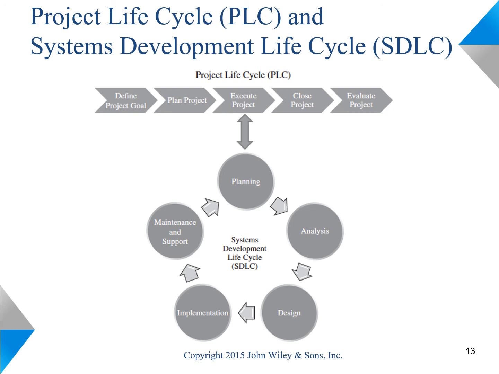The SDLC is part of the project lifecycle because many of the development activities occur during the execution phase of the PLC. The last 2 phases of the PLC, close project and evaluate project, occur after the delivery of the product or the information system.